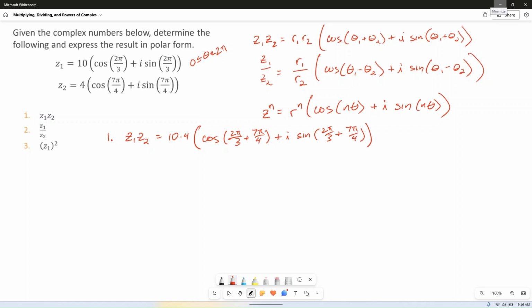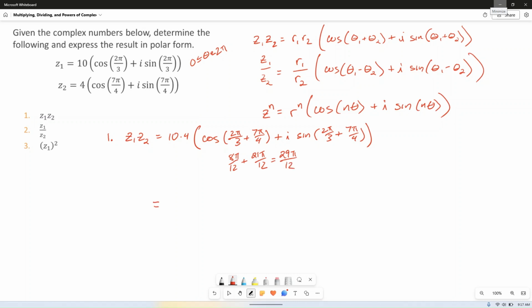So the 10 times 4, that's easy. If we want to add 2 pi over 3 plus 7 pi over 4, we need a common denominator, which at 3 and 4, the common denominator would be 12. So if I multiply the 2 pi over 3 times a 4, that'll give me 8 pi over 12. And if I take the 7 pi over 4 times a 3, that's going to be 21 pi over 12, which the sum of that is going to be 29 pi over 12.